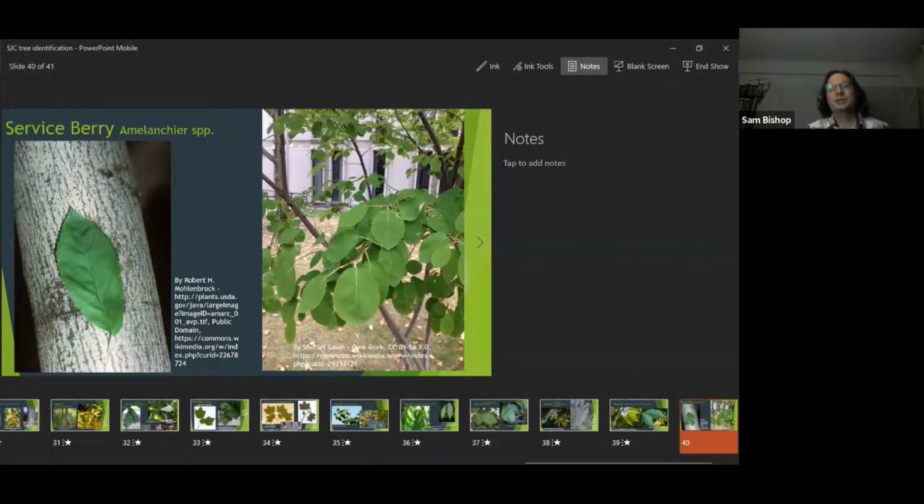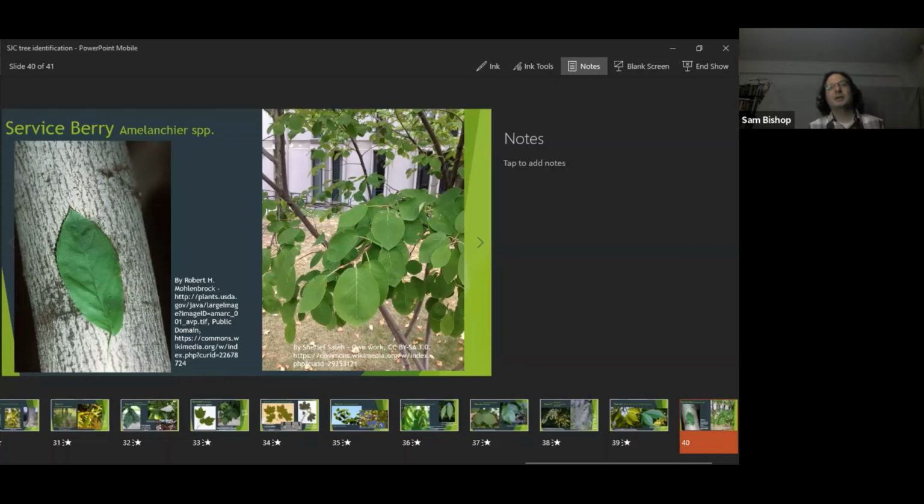These can be tricky to identify because the leaf shape can be very variable on them. Sometimes you get more oval leaves like you see on the left, and sometimes you get rounder leaves like you see on the right.